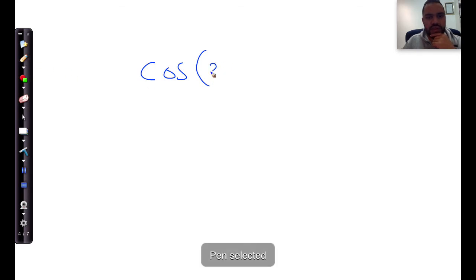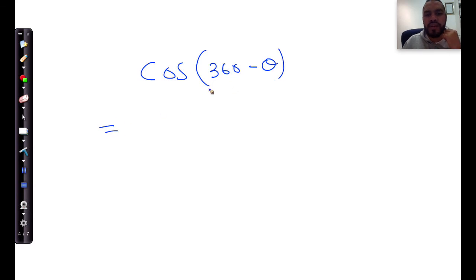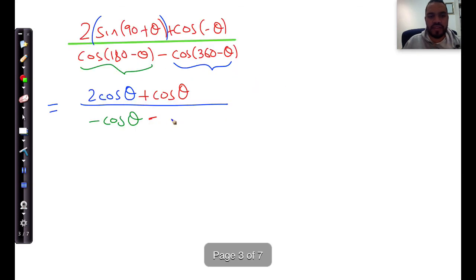Let's identify where 360 minus theta lies. 360 minus theta is in the fourth quadrant, so cos has to be positive. Positive cos, and I just take theta, and that's what I'm going to get. So negative multiplied by positive cos of theta.